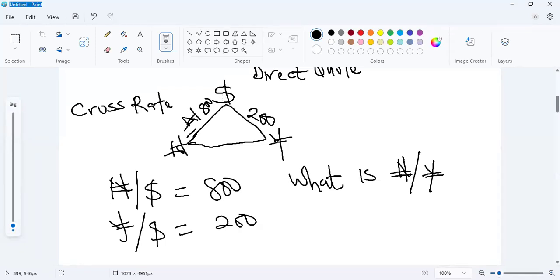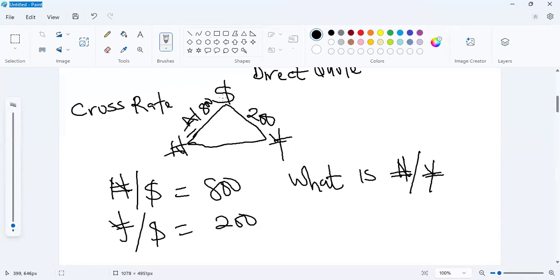I can use the relationship between naira to dollar and Japanese yen to dollar to determine the exchange rate of naira to Japanese yen. That is cross rates.